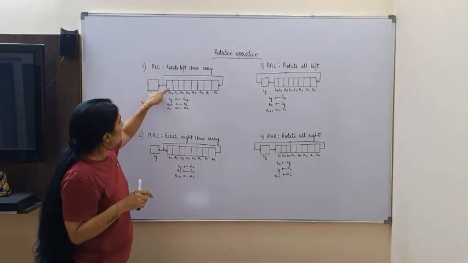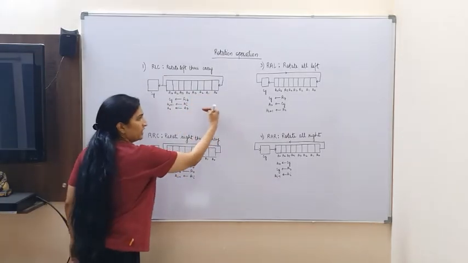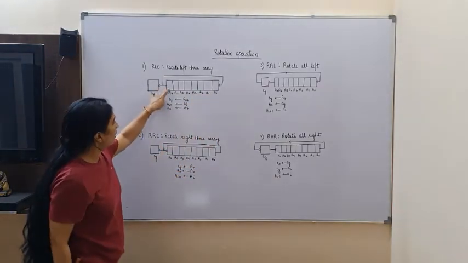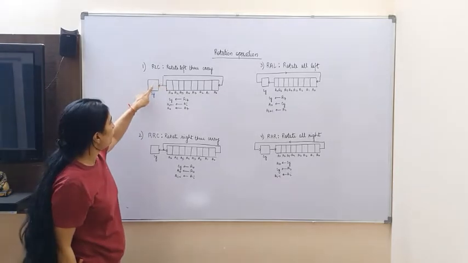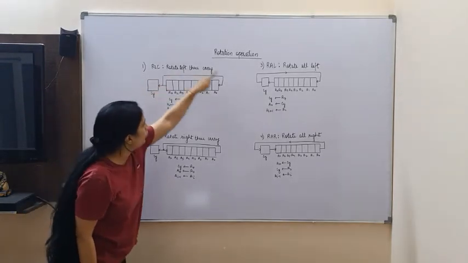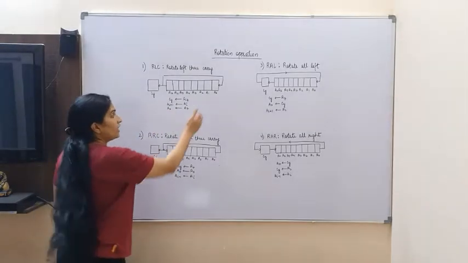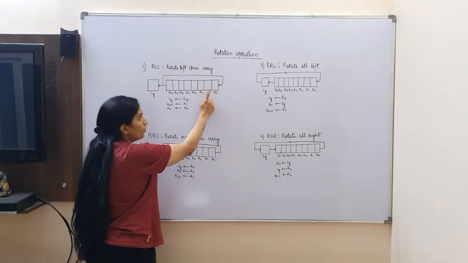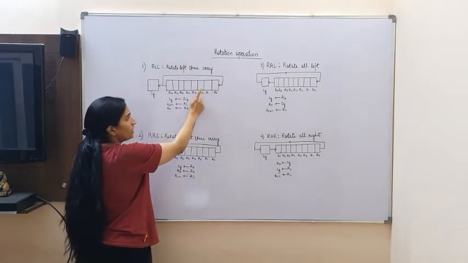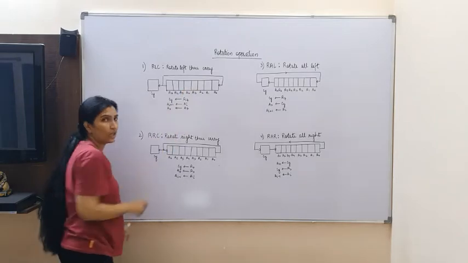The A7 will also move into A0. So the content of A7 will move on to carry, and also into A0. The content of A0 will move into A1. The content of A1 will be moved into A2, A2 to A3, A3 to A4 and so on and so forth.